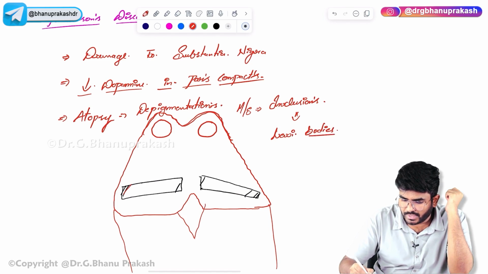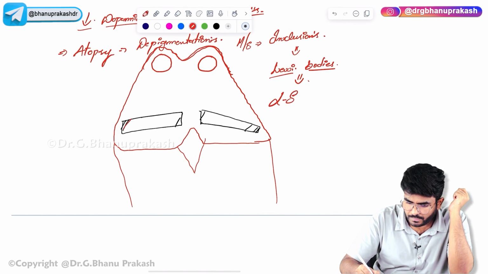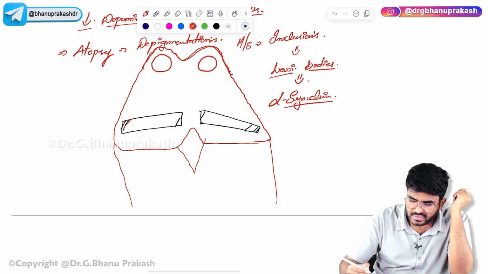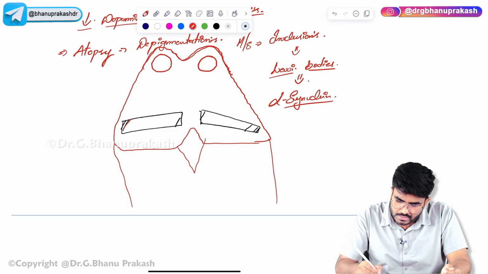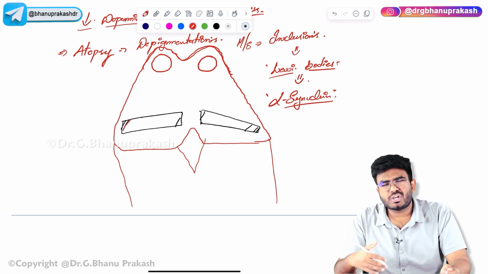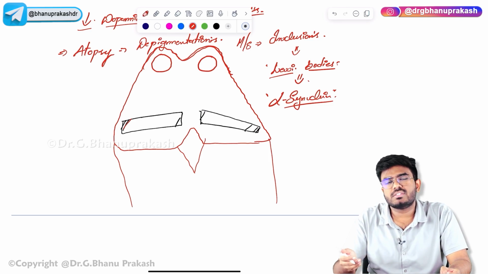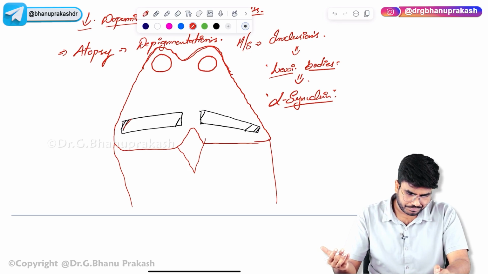Now these Lewy bodies are made up of something called alpha-synuclein. The Lewy bodies are made up of alpha-synuclein. That's why it's also called synucleinopathies. Parkinsonism is one of the conditions coming under the synucleinopathies, where there is a degeneration of the dopaminergic neurons in the substantia nigra pars compacta.